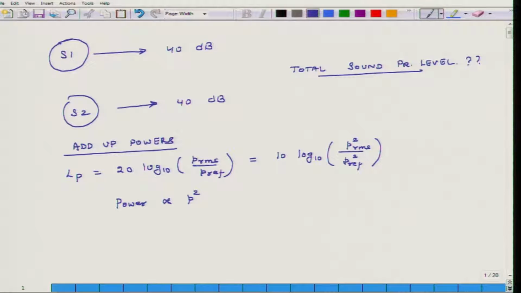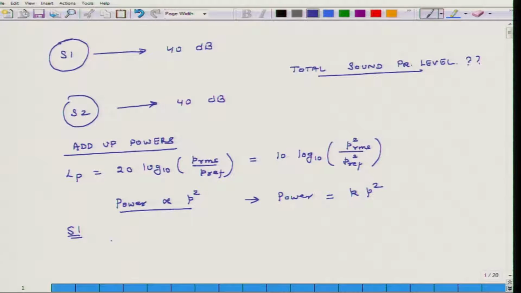So, in all these cases, whatever is our fundamental entity, the square of that is proportional to the energy or power. So, for that reason I am saying that power is proportional to square of pressure, or I can say that power is equal to some constant times P square. So, we will do the computation for source 1.